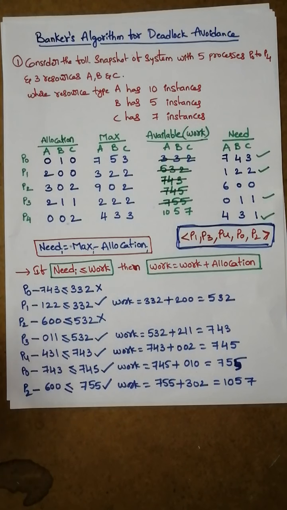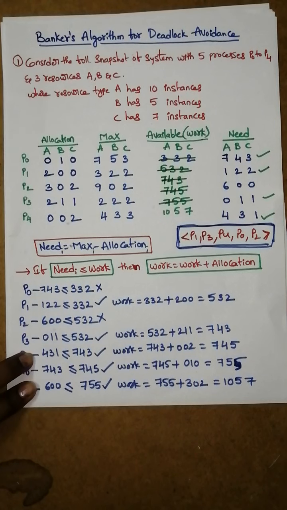Similarly, a banker can't give a loan to a person asking for more than available. He can give only to a person asking for less than the amount available in the bank. That's why this algorithm is called Banker's algorithm.